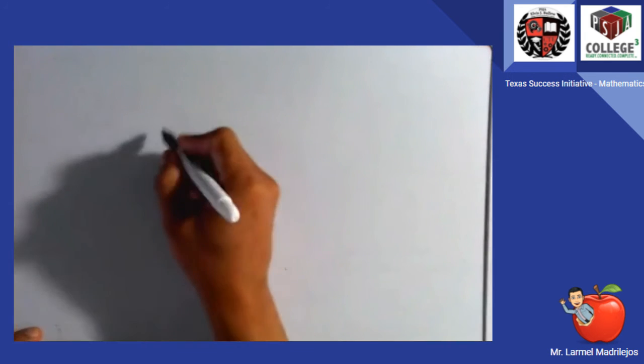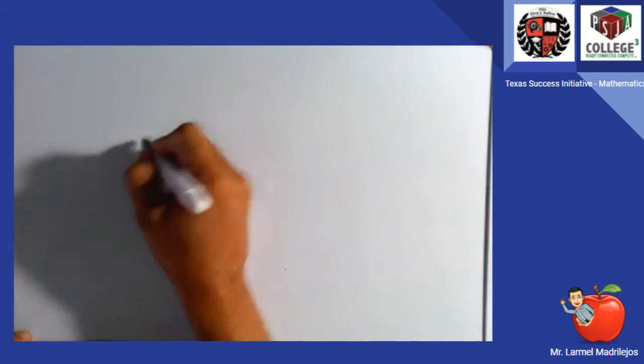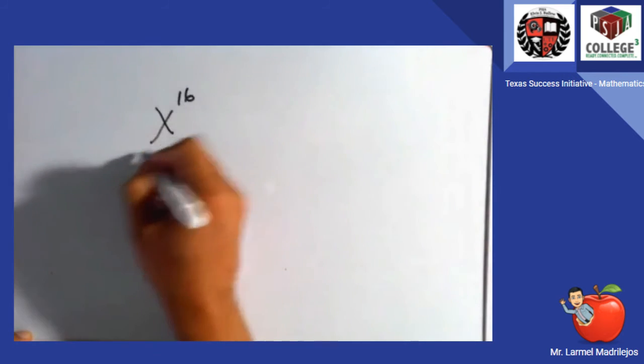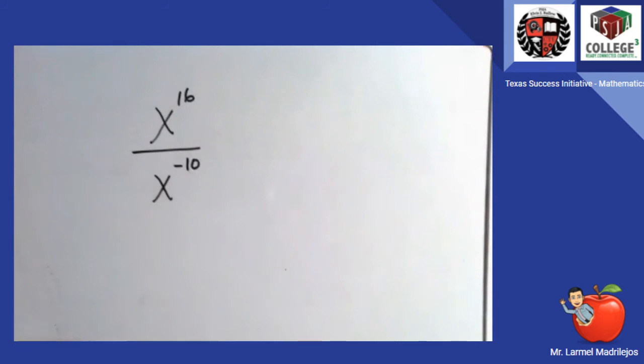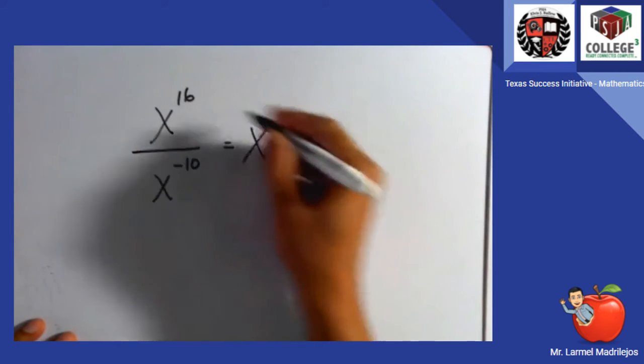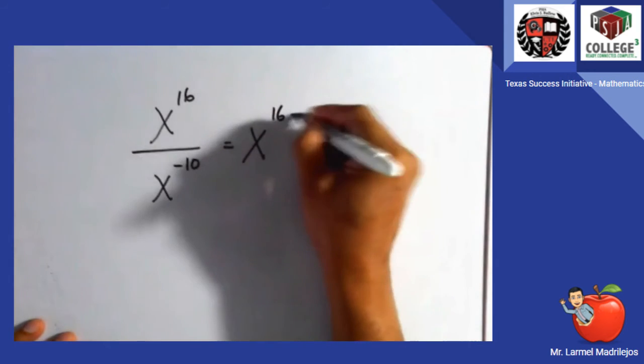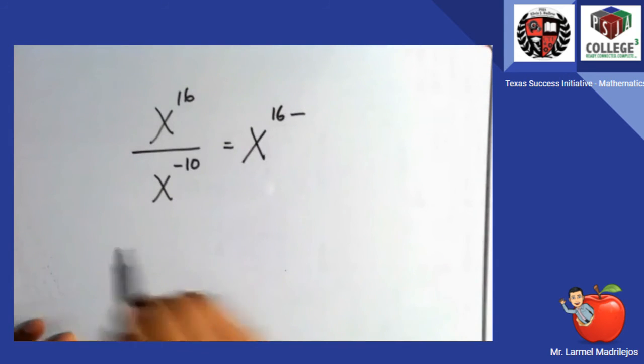Last example with the negative sign. x raised to 16 divided by x raised to negative 10. I'm going to rewrite again. I'm going to put 16 minus, remember, minus, this time negative 10.